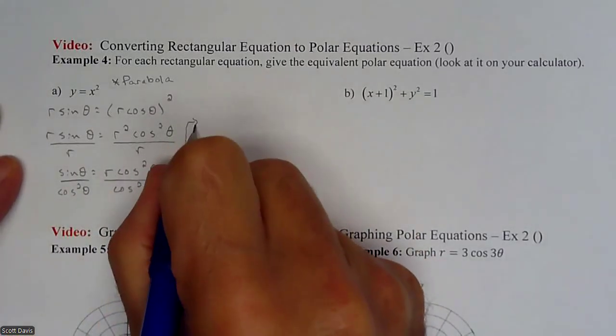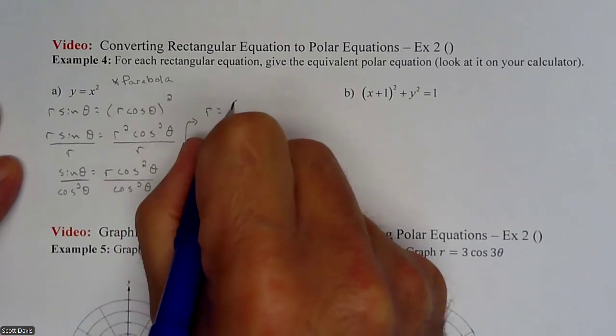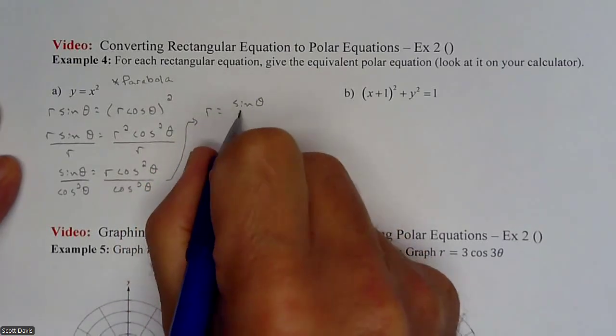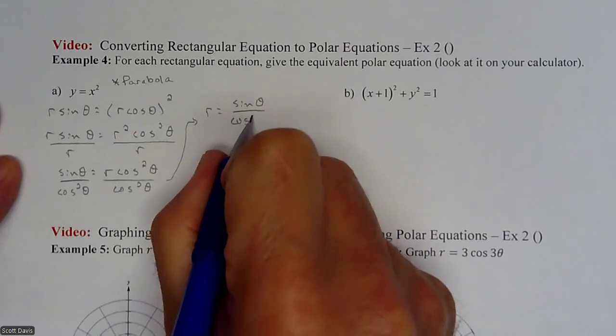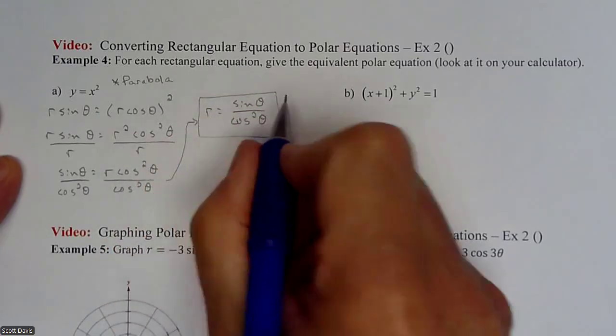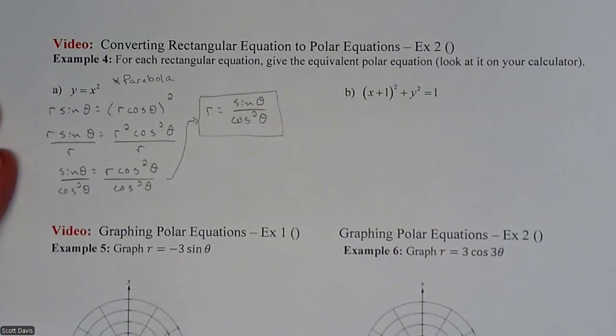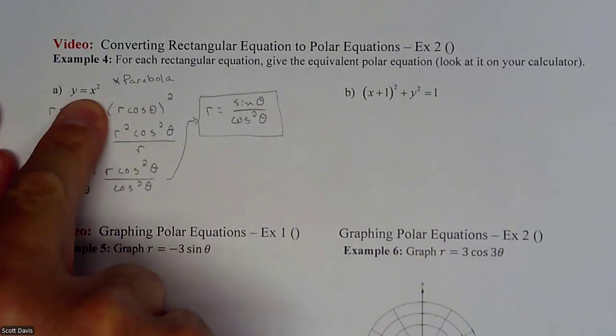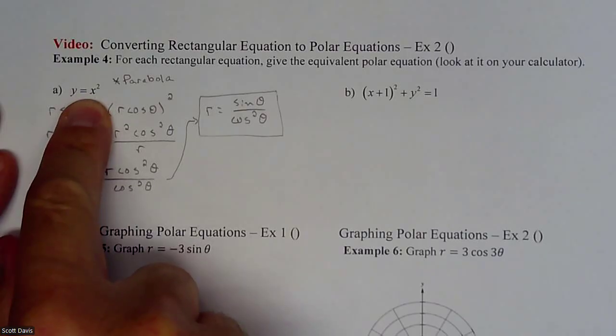So our equation is r equals sine theta over cosine squared theta. And that, if we graph that in the polar coordinate system, should create a parabola like we did in the Cartesian, the rectangular coordinate system.